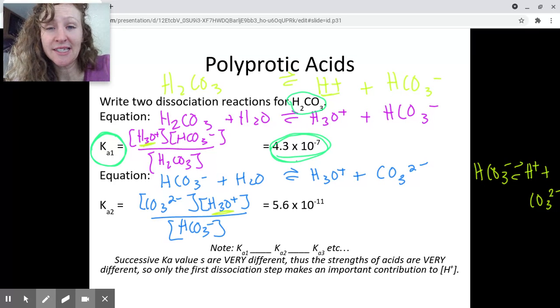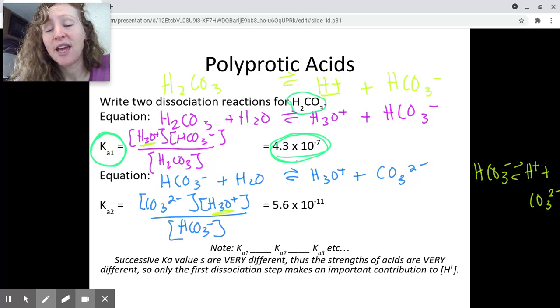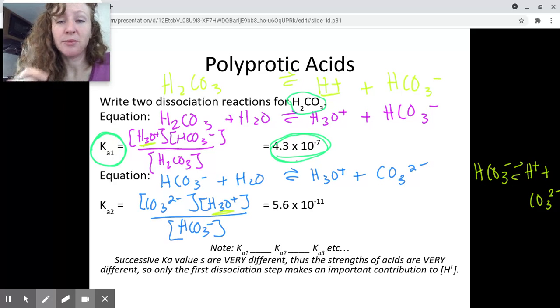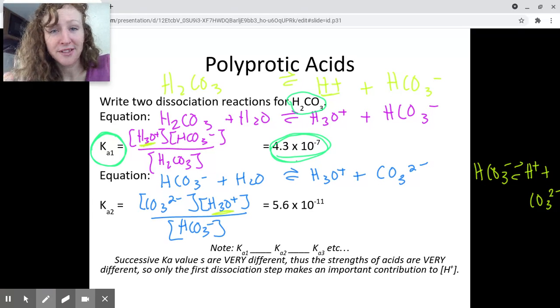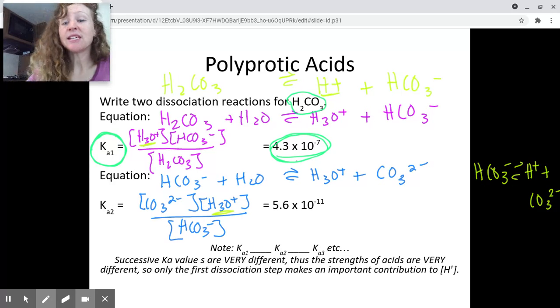Not only does it have so much sugar, which is bad for your body, you're also feeding the bacteria in your mouth, right, which can cause cavities. But it's doubly bad because it has this carbonic acid present, which will also wear down the enamel on your teeth as well. So pop is bad. Don't drink it. Drink water. Okay, we can also see that it's a polyprotic acid.